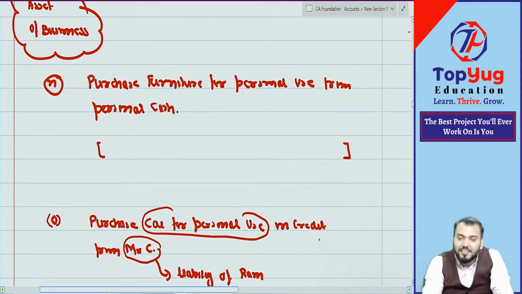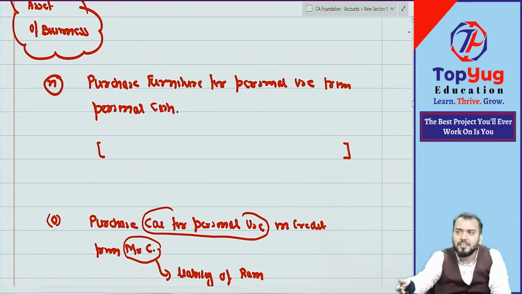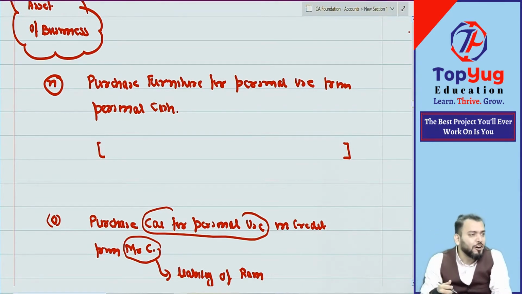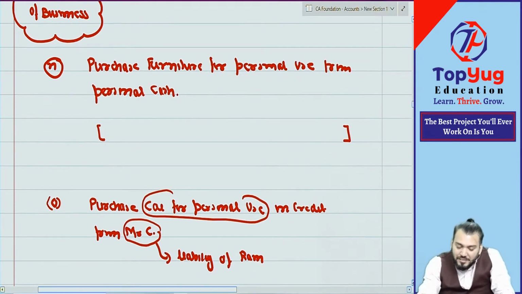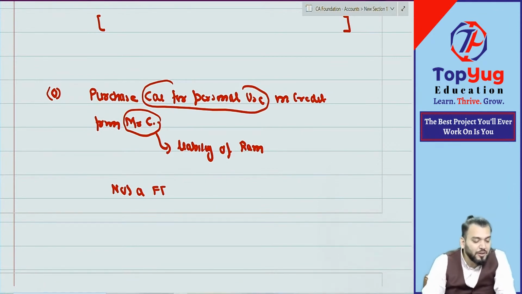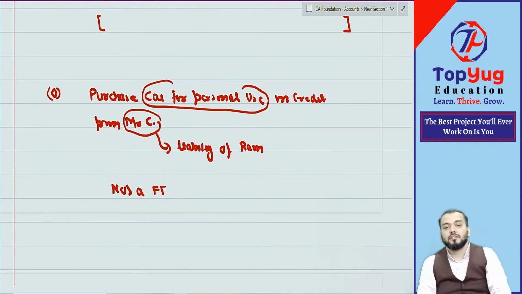Then in credit: it will not affect the liability of the business because it is a personal liability. Ram's liability, Ram will record, not Ram and Company. It means this is also not a financial transaction. Why? Because it will not affect the financial position of the business.